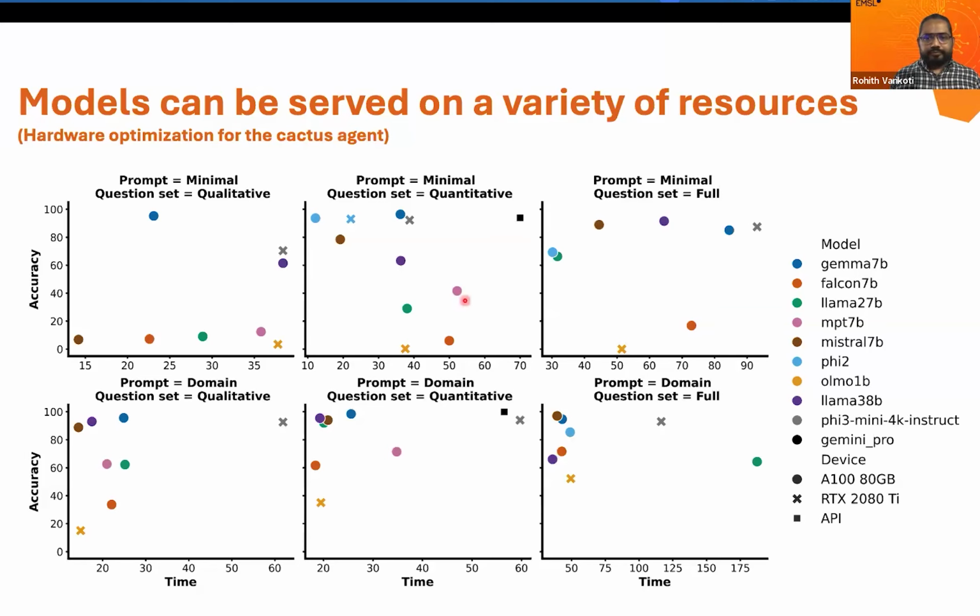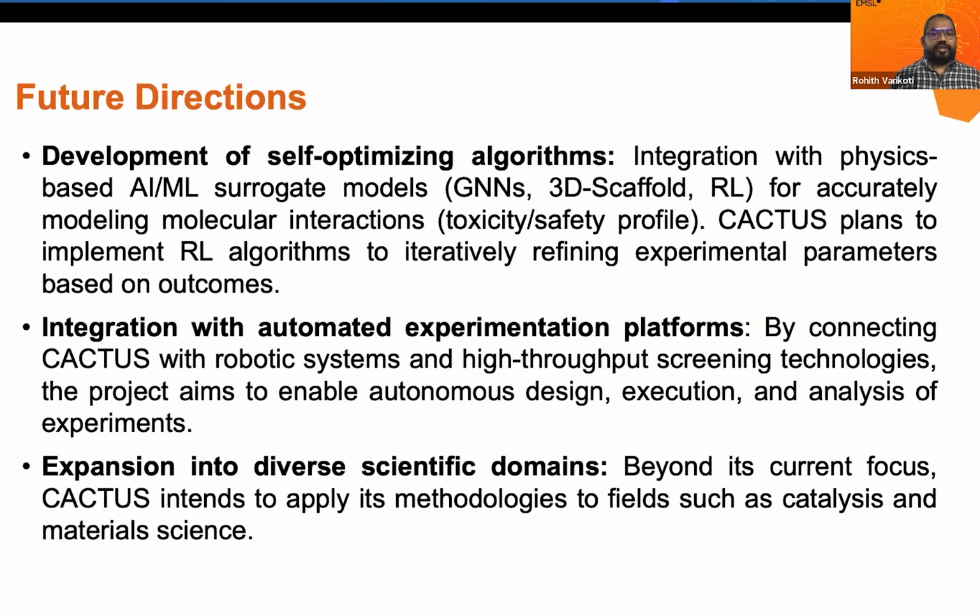And we have compared our models' performance with the APIs. The API has shown much more accuracy, but it takes a long time, and due to quota limitations, we couldn't run the full set as well as the quantitative set. So we compared, and we are currently trying to get more and more tools incorporated into our agents so that it can be used on various tasks.